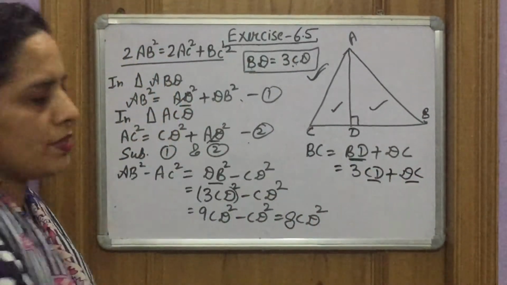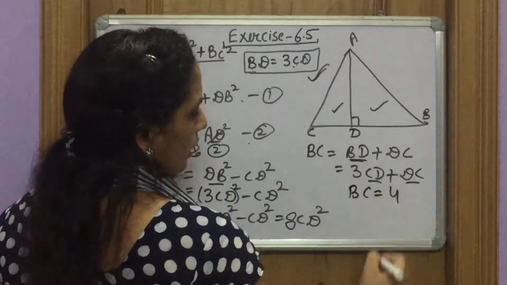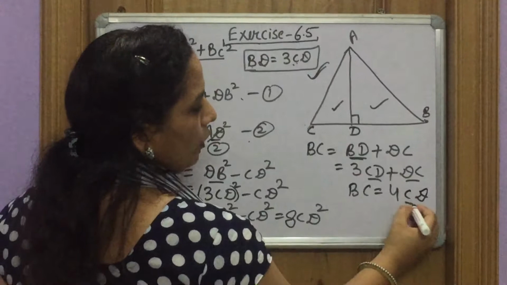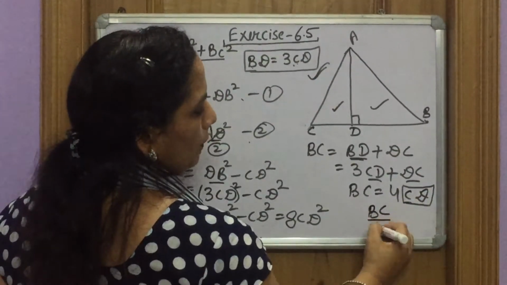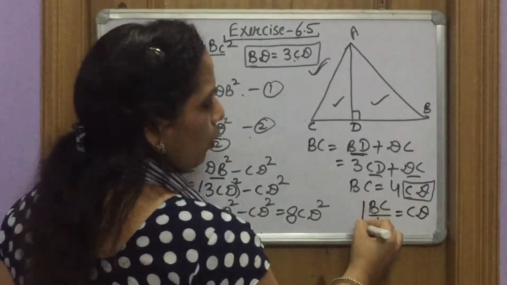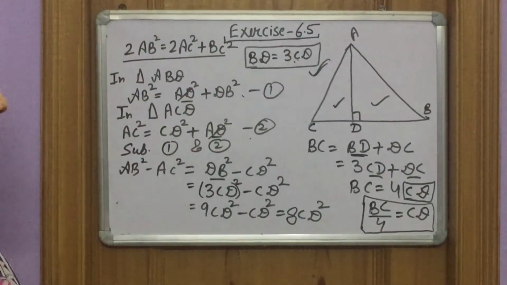These are like terms, we can add. So BC is equal to 4CD. If we find out the value of CD, it will be equal to BC by 4. So the value of CD is BC by 4.